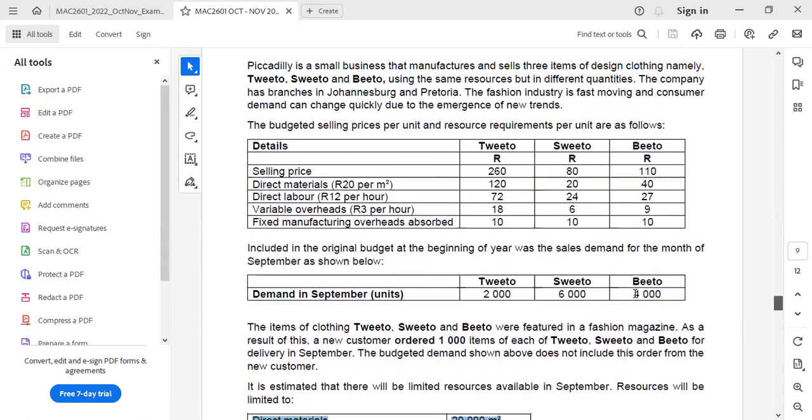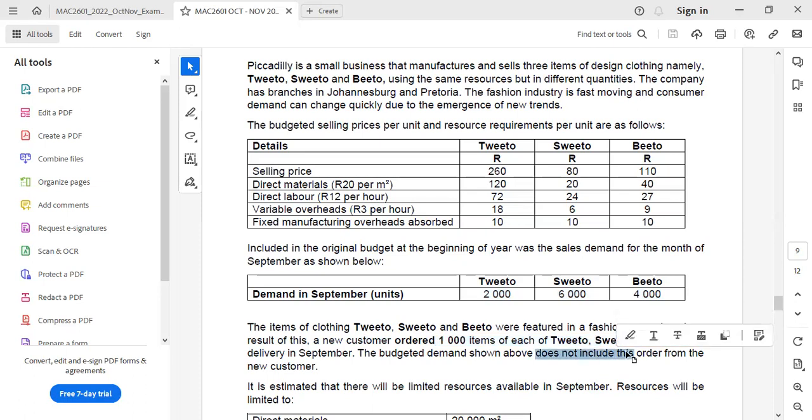What are the limiting factors? Remember that for these products, Twito, Sweeto, and Bito, we should add 1,000 for each product because of the special order. So Twito would need 3,000, Sweeto 7,000, Bito 5,000, because of the 1,000 of each ordered by this new customer, and we are told that it is not included in the above demand.